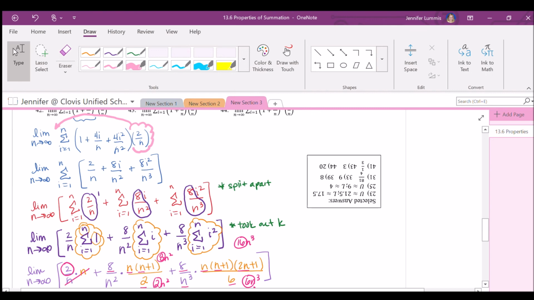So I do like instead multiplying everything together first. So multiplying all the stuff inside the sum together first, that would be my first step. And then what we did after that was we started in on our sum properties, and we used both of them here. We split the sums apart, and we took out the constants.